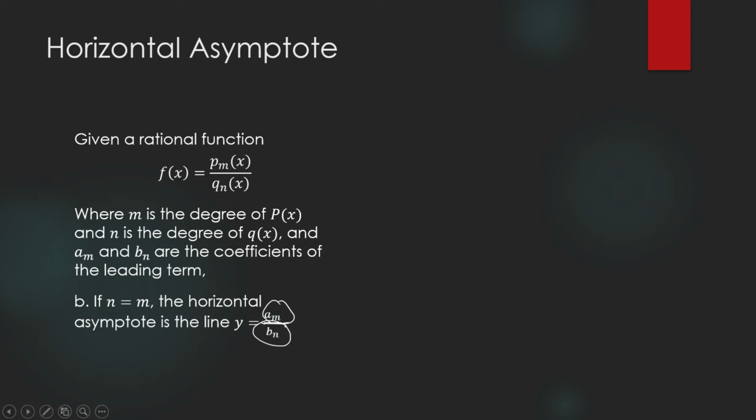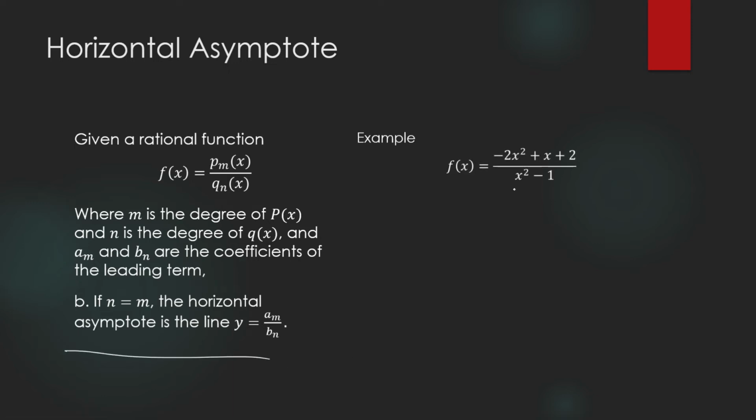divided by the numerical coefficient of your leading term in the denominator. So for example, this statement is telling you what ought to be the horizontal asymptote of this rational function. The numerator is a degree 2 polynomial function. The denominator is a degree 2, n is equal to m.